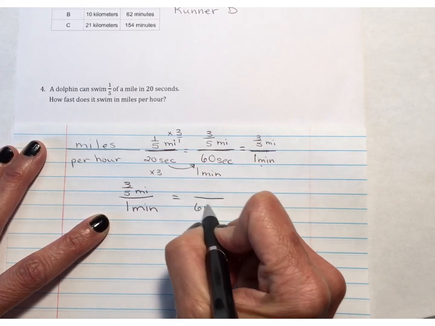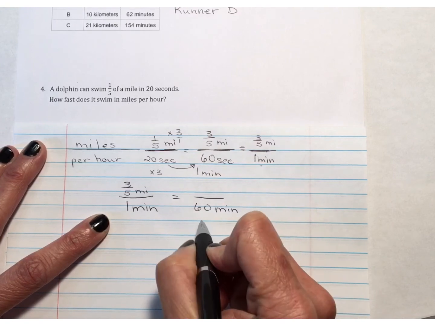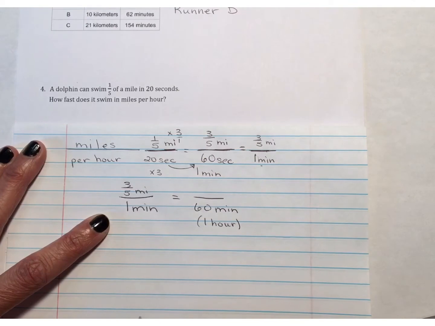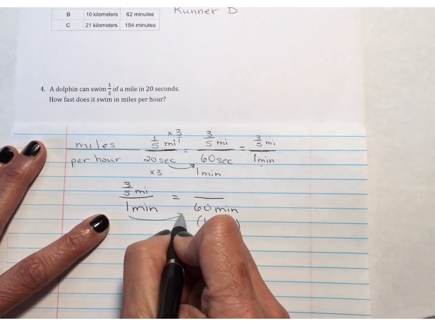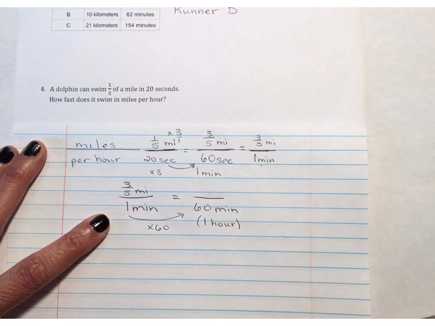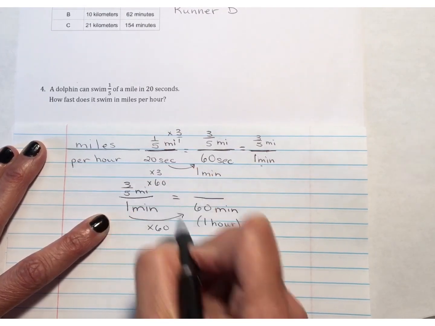We need 60 minutes because we know that's going to equal 1 hour. To get from 1 minute to 60, 1 times 60 is 60. So we want to take 3/5 times 60.